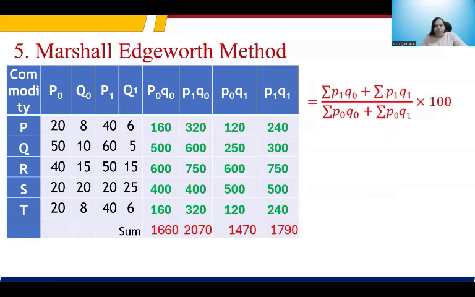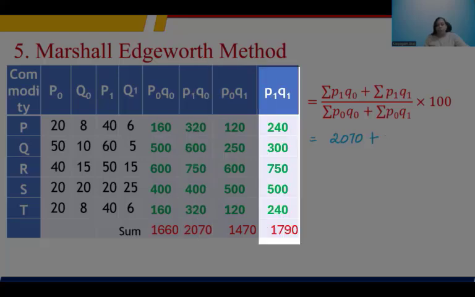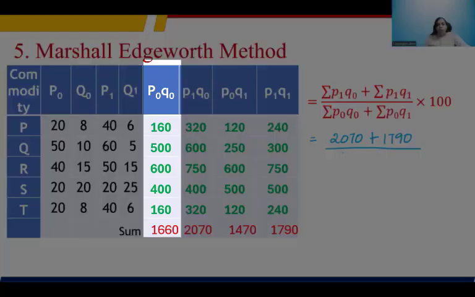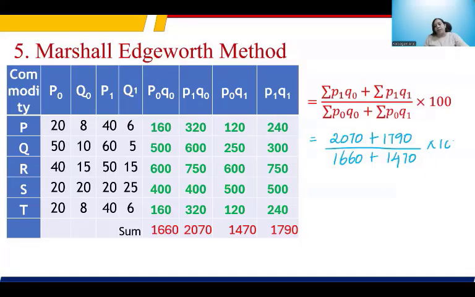Let's substitute the values. P1 Q0 2070 plus P1 Q1 1790 upon P0 Q0 plus P0 Q1 multiplied by 100.